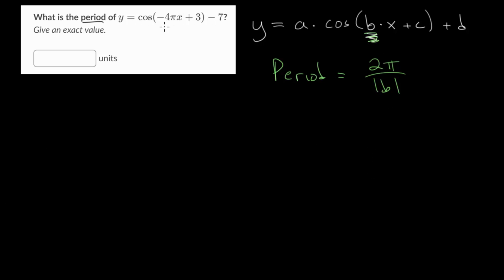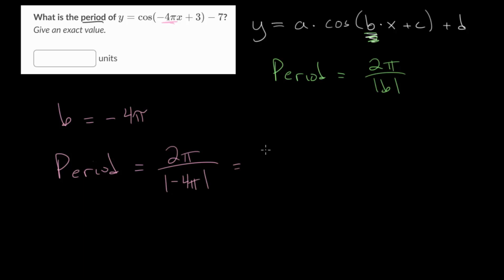So let's use the formula. We know b is just the coefficient on x, which in this case is minus 4 pi. So our period is 2 pi divided by the absolute value of b, and we're taking the absolute value of a negative number, so it will flip the sign and make it positive, since remember, absolute value just asks how far this number is on the number line from 0, and it is 4 pi units from 0.